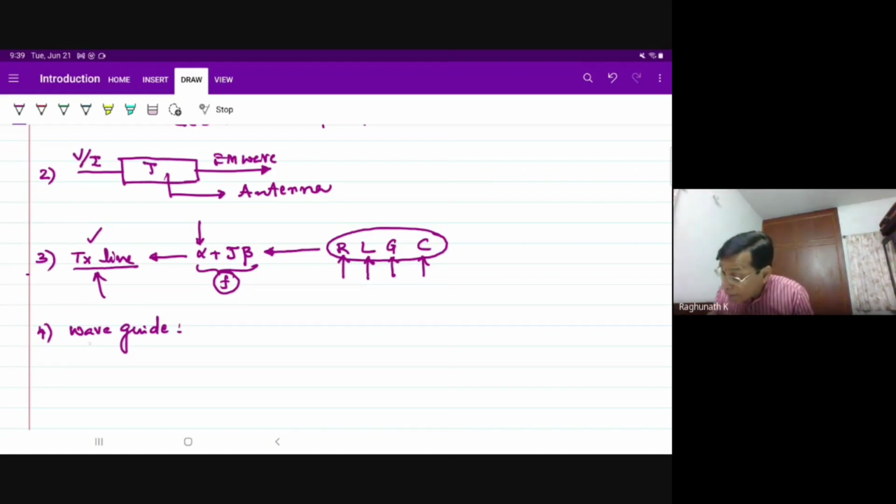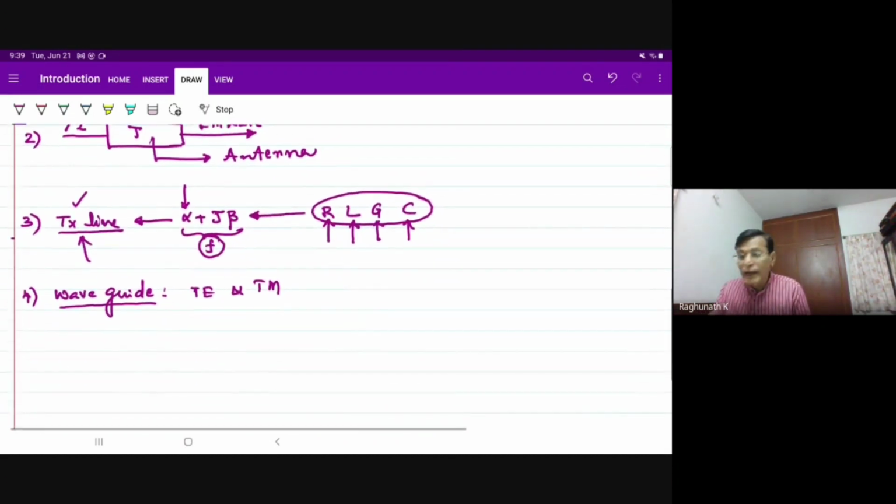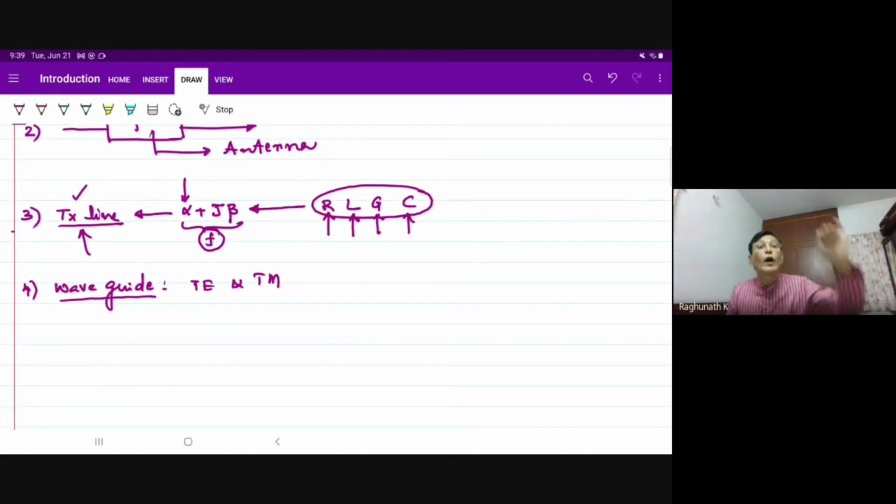When it is a waveguide, we need to know that there is something called TE and TM modes, not transverse electromagnetic. Earlier, in free space, the electromagnetic wave is essentially a transverse electromagnetic, TEM, wave. Here, it is either a transverse electric or transverse magnetic wave, which you should know before using the waveguide.